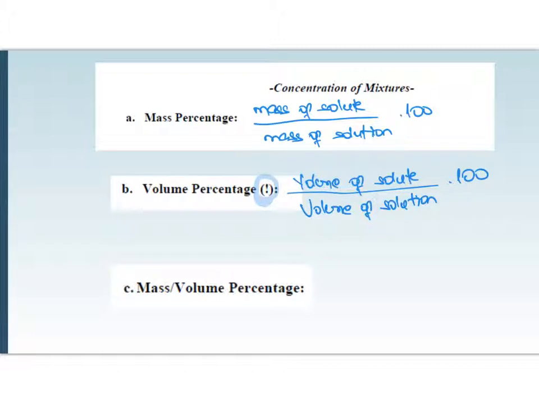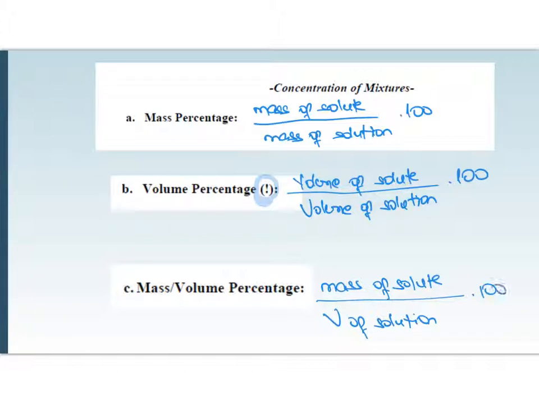What about mass per volume? This is mass of solute. In fact, this is the combination of the first two, over volume of solution times 100. This just looks like finding density, mass per volume.